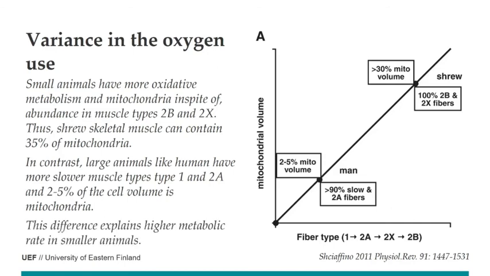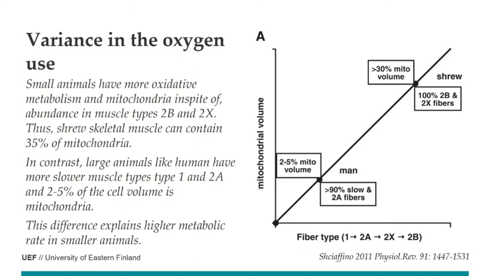Not only do these small animals have much higher metabolic rate, but also they can't produce so much force, because if 1/3 of your cell volume is mitochondria, there is 1/3 less space for these contractile elements.